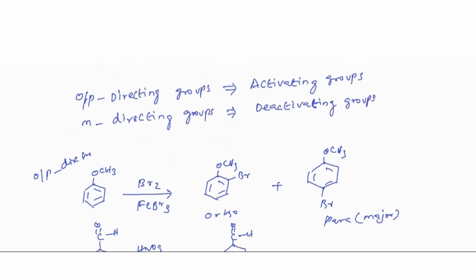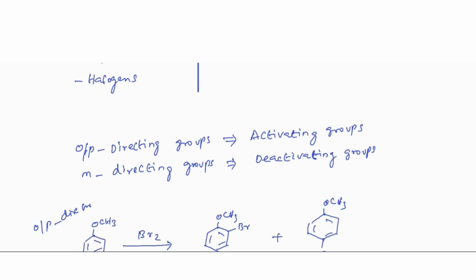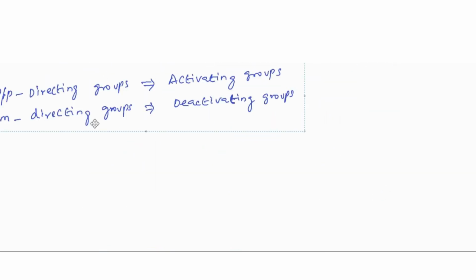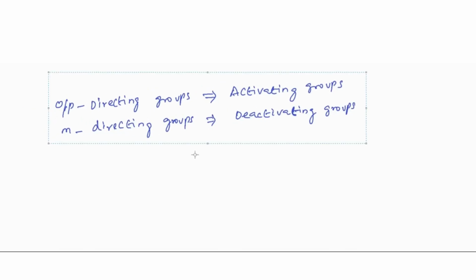Next we will discuss reactivity. In the case of reactivity, some groups will activate the benzene, and those groups will facilitate the aromatic electrophilic reaction much faster.